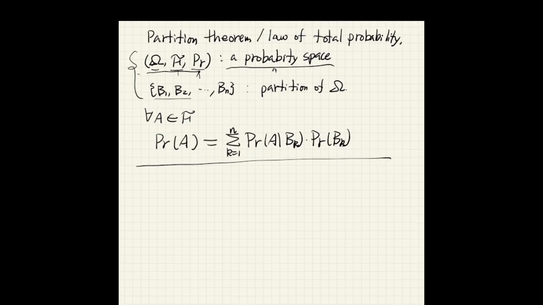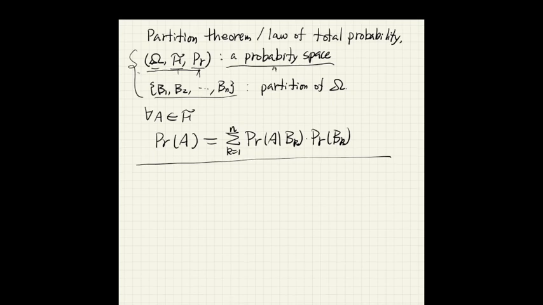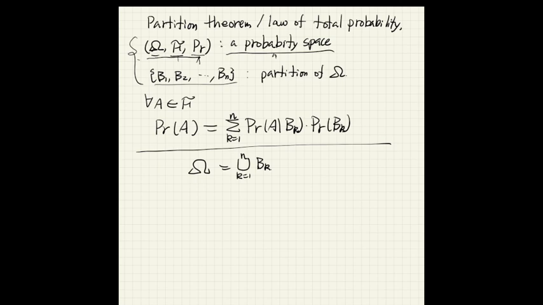Since these Bk's are a partition of omega, we have this equality: omega is equal to the union of Bk's, because a partition is collectively exhaustive.